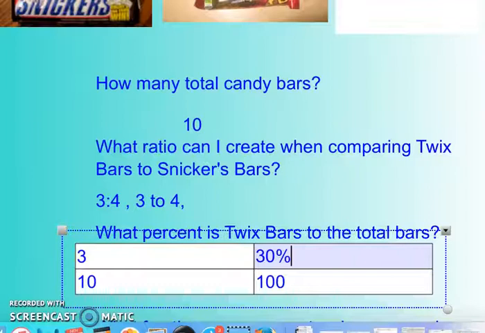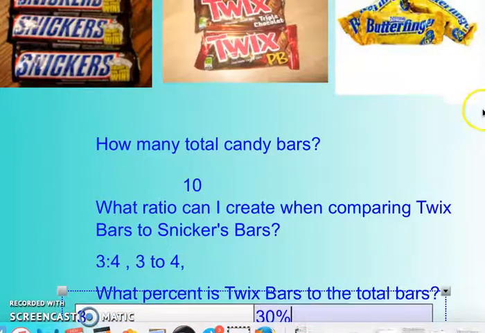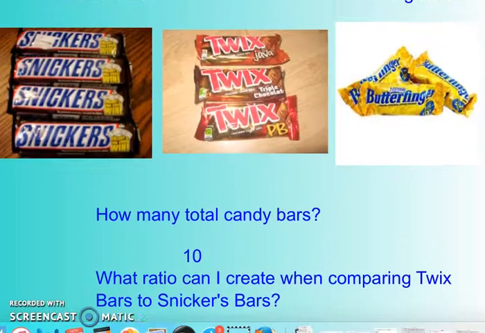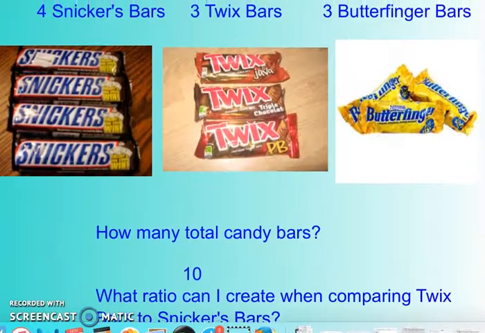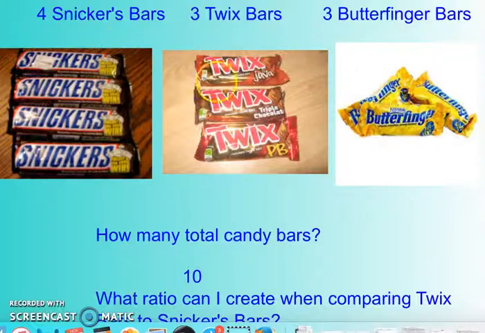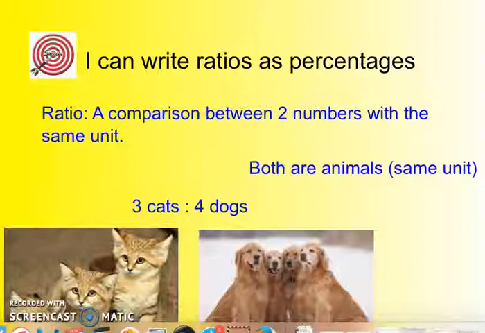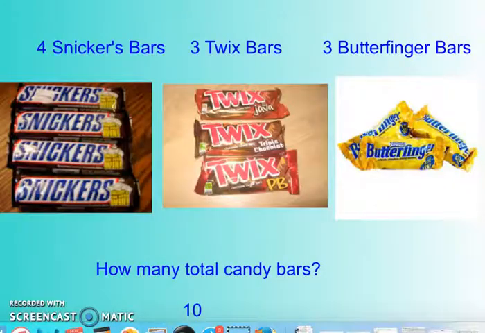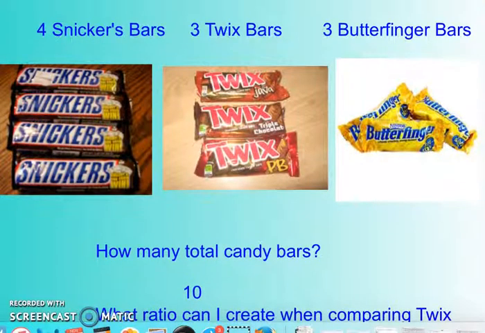Today we were basically taking ratios and changing them to percents. First we compare similar units to each other, like candy bars, fruit, and animals, all of which had the same unit. Then we figured out the total of them together.